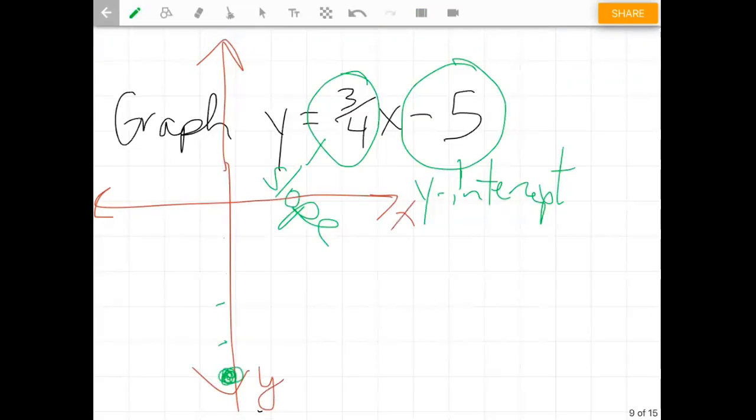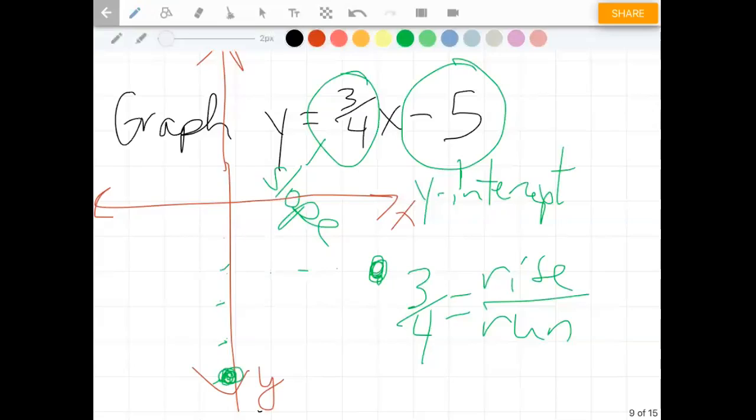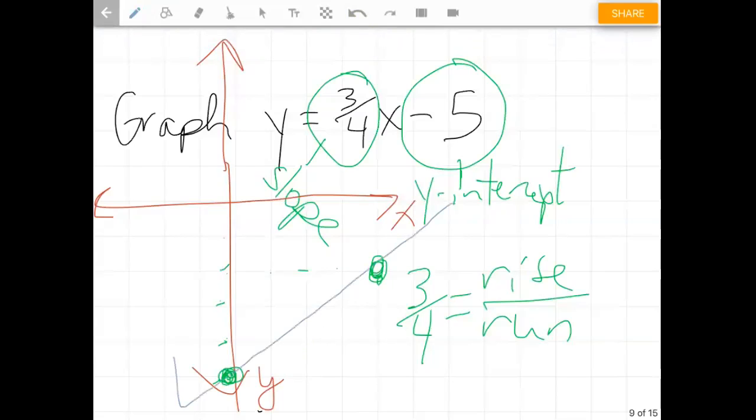And then from there, I'm going to use my slope, which is +3/4. So that means I'm going to rise 3 from my point, 1, 2, 3, and run 4, 1, 2, 3, 4. So there's 2 points. I can connect those. To get the graph of that equation.